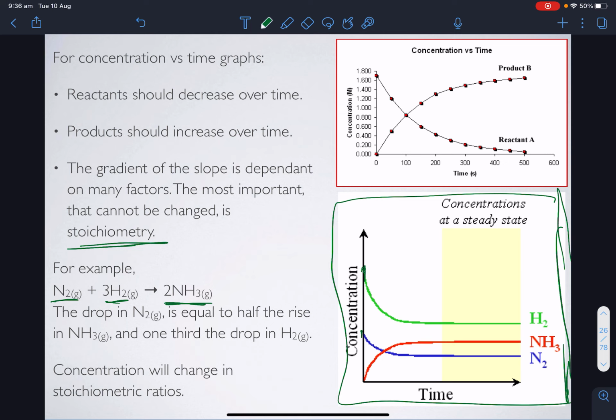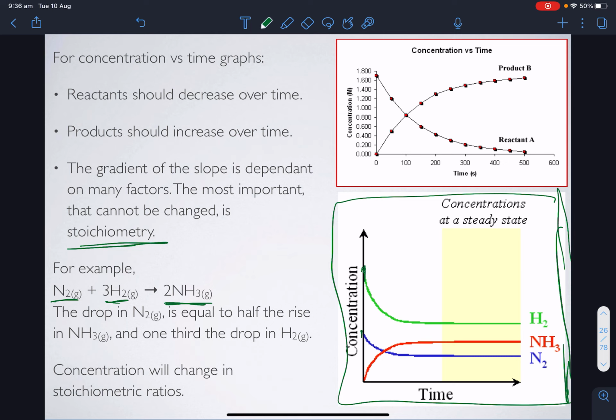The steepness of the hydrogen curve is 3 times the steepness of the nitrogen curve there. It's showing the stoichiometry of the reaction. And the red product there, the ammonia, is increasing, but notice that it's roughly 2 times the drop of nitrogen, but flipped around, mirrored, okay?